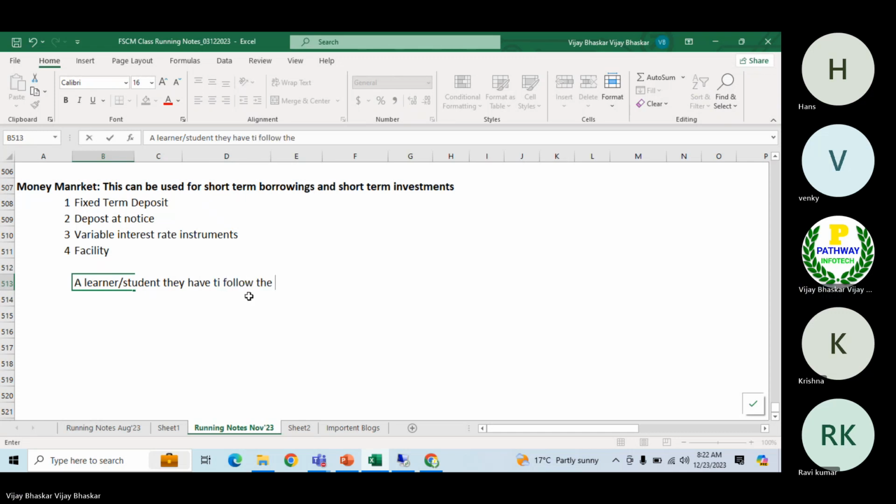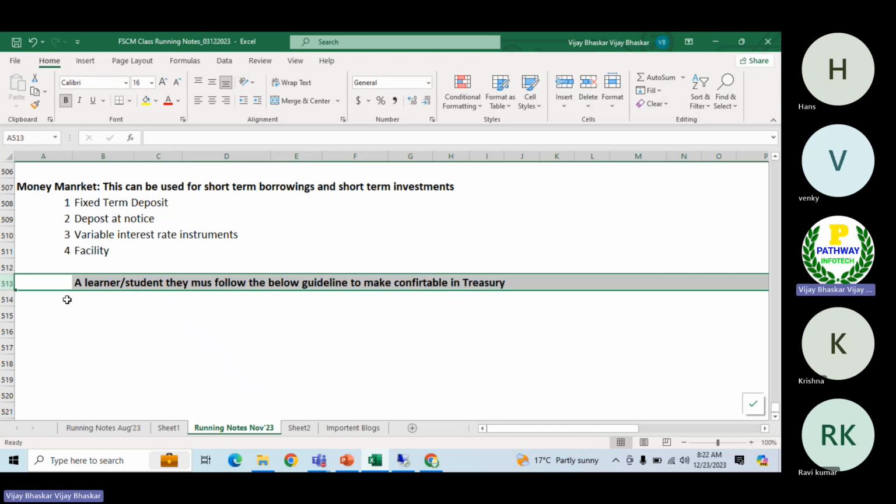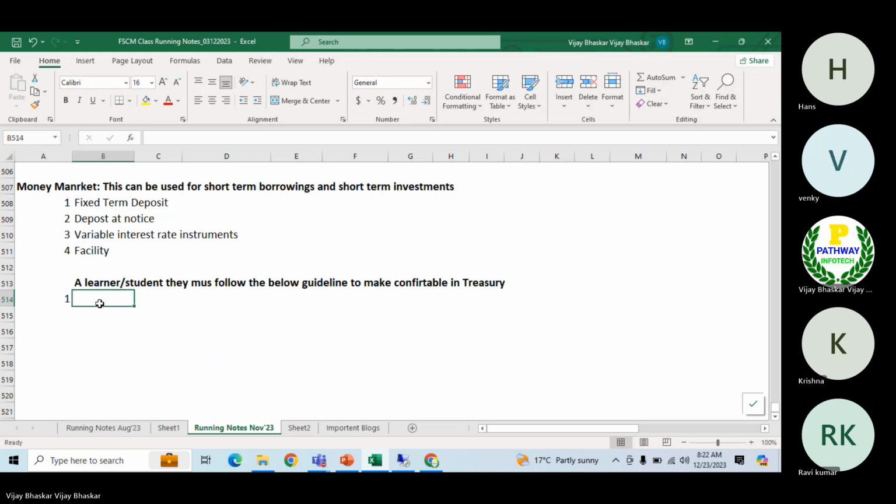A learner or student must follow the below guidelines in order to be comfortable in Treasury. Number 1, as I mentioned, you must follow the business news.